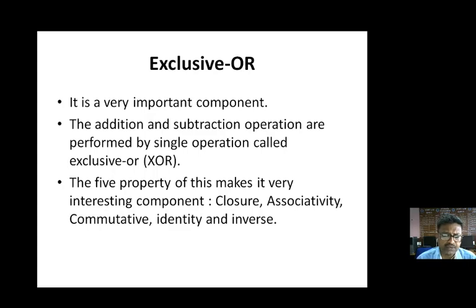And as far as the inverse element is concerned, every data block is the inverse of itself using the exclusive OR operation, because it is the property of exclusive OR that if we do exclusive OR of X and Y and get Z, then if you do exclusive OR of X and Z, you will get Y. So every element is the inverse of itself.